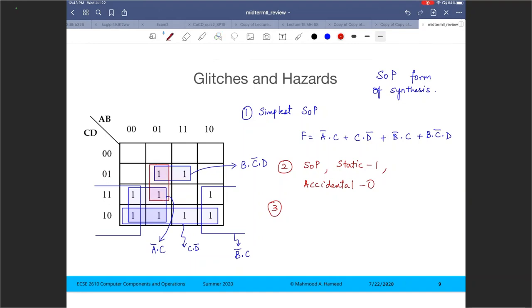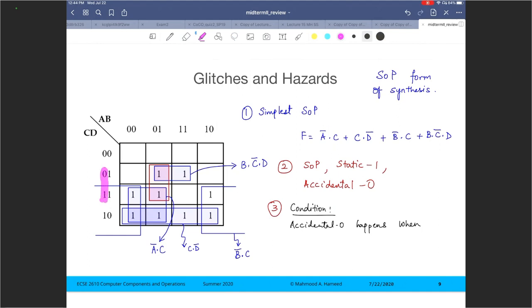So how can I state the condition? The condition is the accidental 0 happens when, what is changing over here?